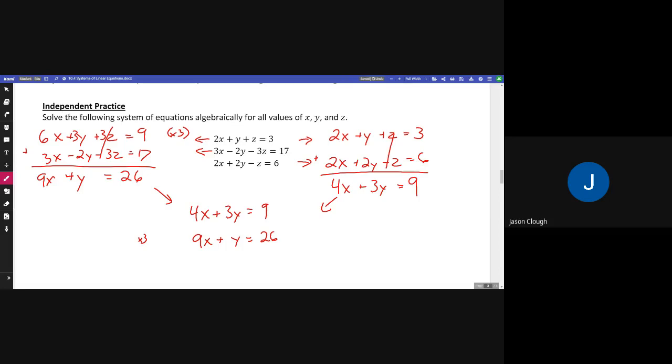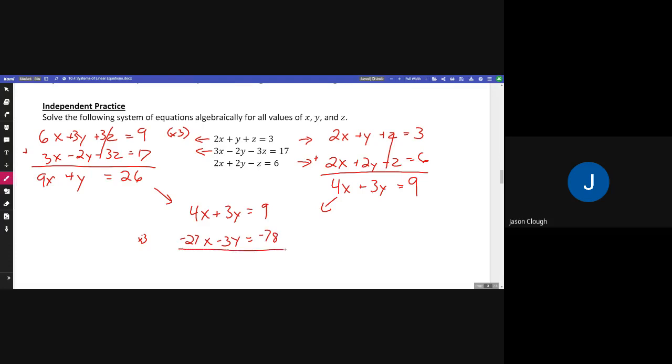Actually, I'm going to multiply by negative 3. So the 9 will become negative 27. The y will become negative 3. And the 26 will become a negative 78.